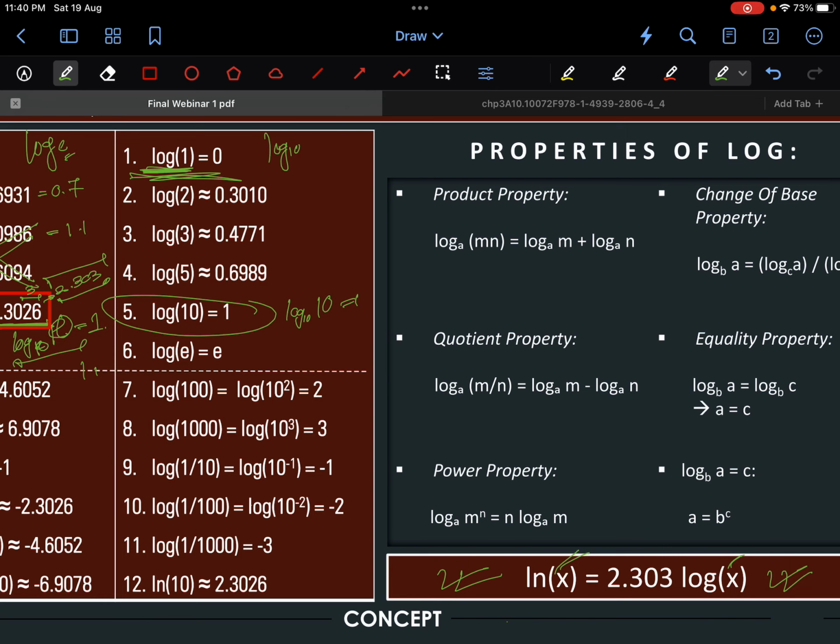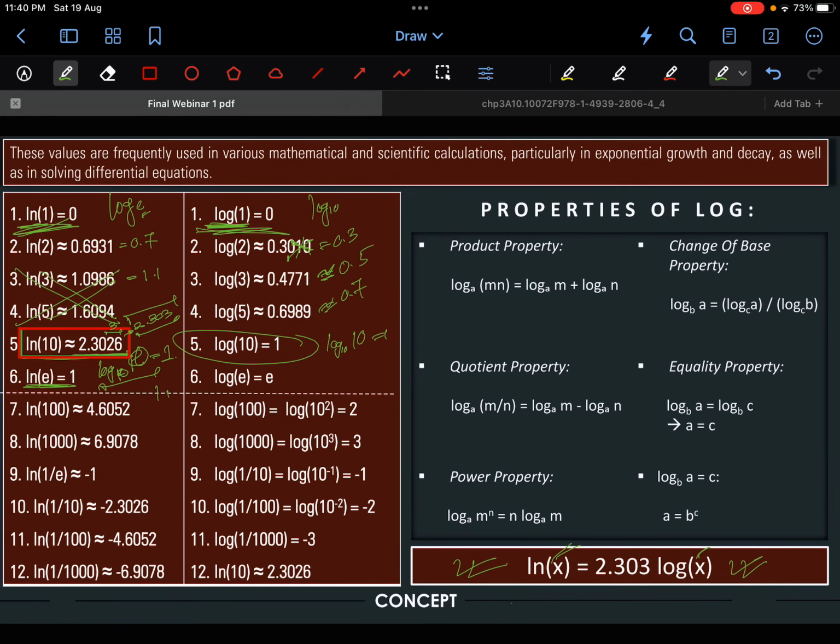Okay, so the value of log 1 is 0, the value of log 2 is 0.3. You don't need to remember this part. Log 3 is almost 0.5, and log 5 is almost 0.7.